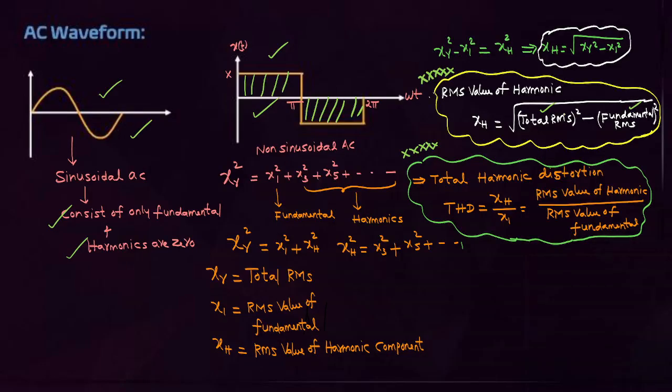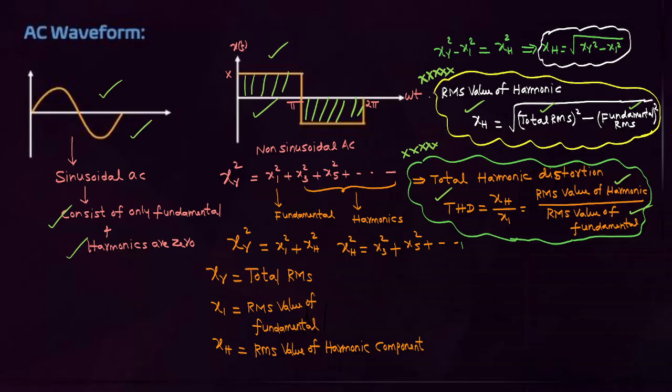That is, from the total RMS, if you subtract the fundamental value, the remaining is the harmonic value. That RMS value of harmonic by RMS value of fundamental is called total harmonic distortion.